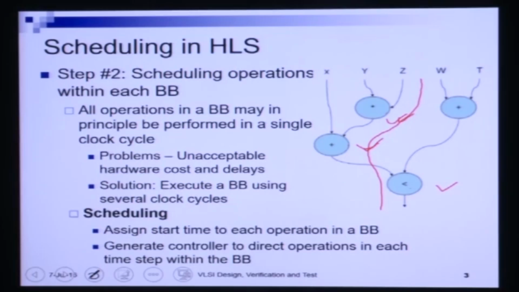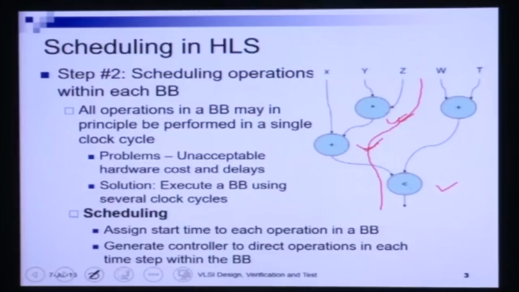So, the clock cycle length has to be judiciously decided and adjusted according to the circuit that we have, according to the need that we have. Now, why did we say all this? Because then we need to ascribe timing.